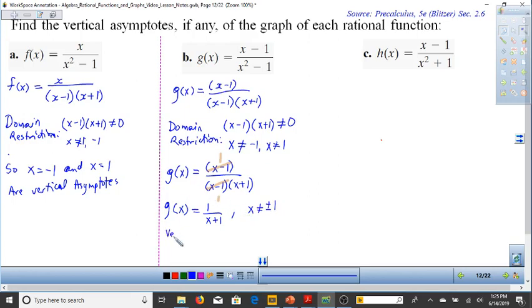So the vertical asymptote is only occurring at x equal to -1, because that's the only place when you simplify the function that gives the domain restriction, even though we still remind ourselves that 1 still doesn't work.